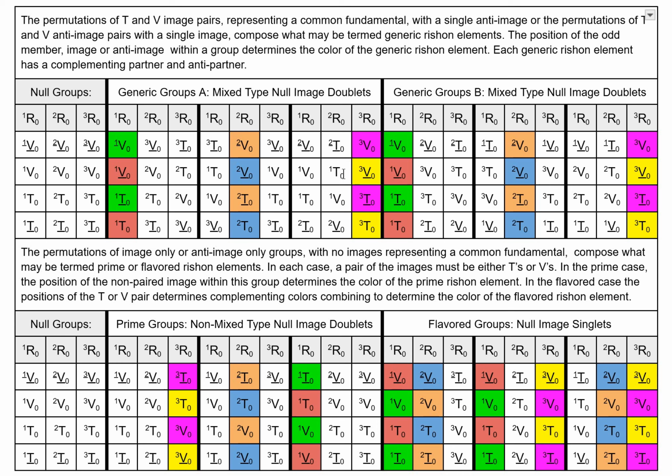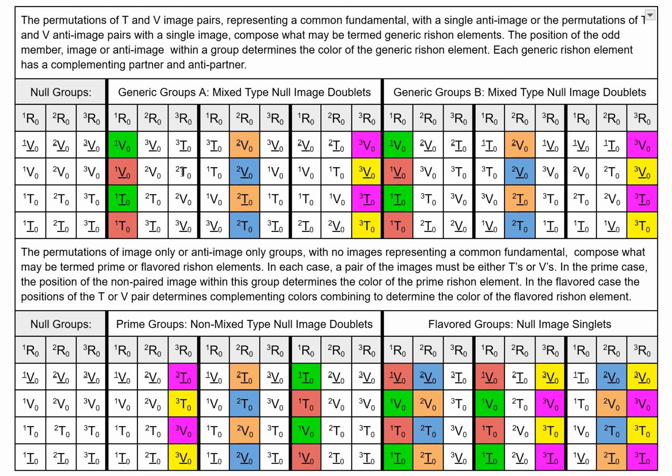So each generic Rishon element has a complementing partner. And so what that means is we look at this Rishon element, which has V and T designated by the superscript 2, and it has this anti-image element 1 determining the color of that group.